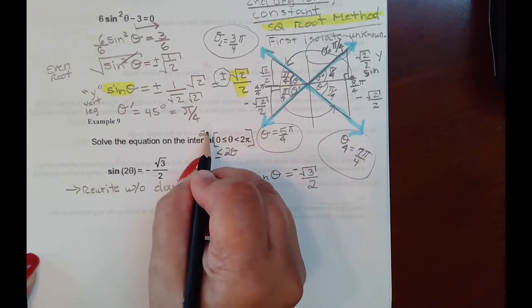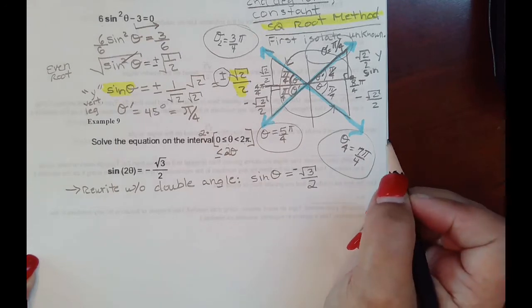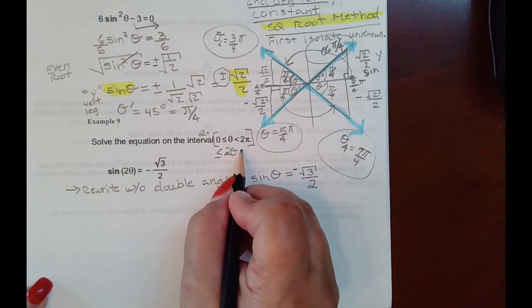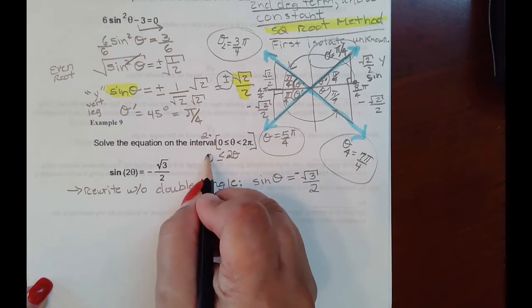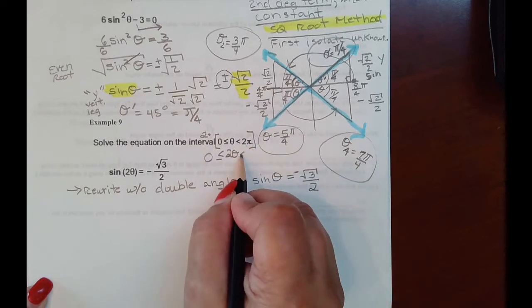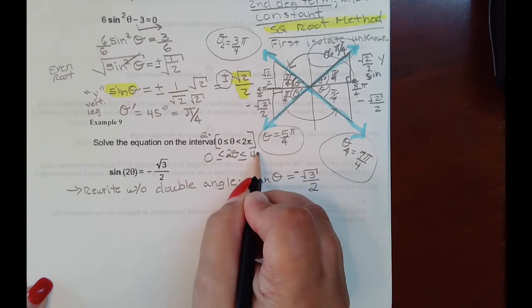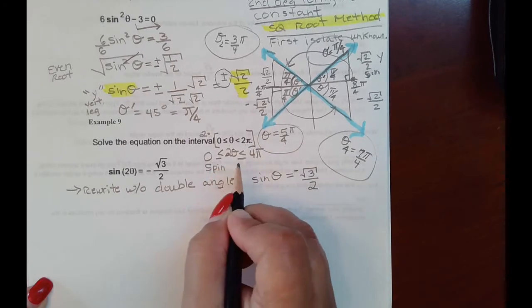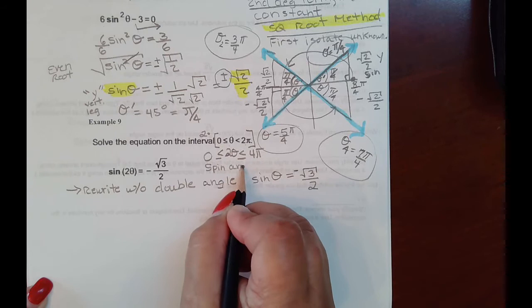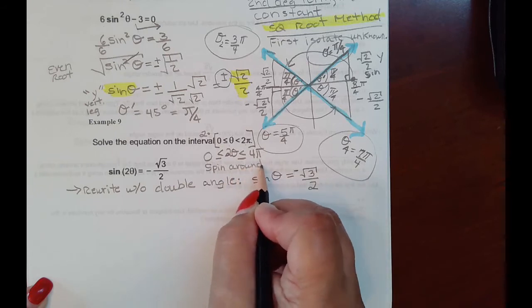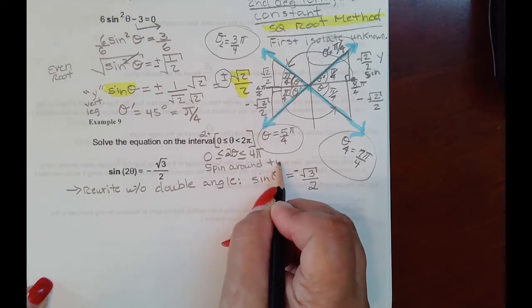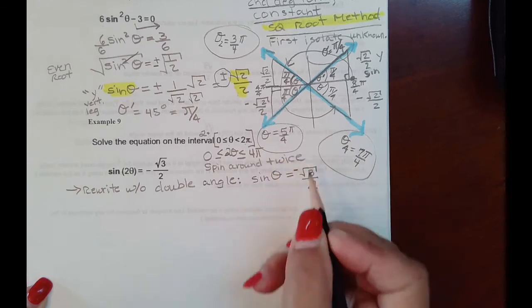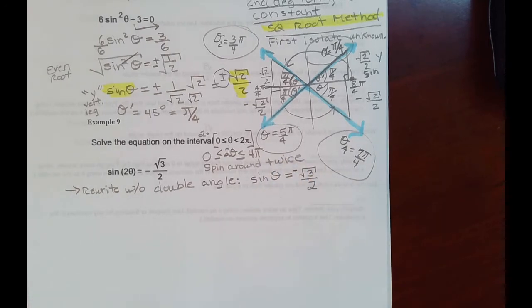So you're multiplying that entire domain interval by 2. So 2 times 0 is 0, 2 times 2 pi is 4 pi. This just means that you're allowed to spin around the circle twice, finding any solutions within that double revolution that you can.